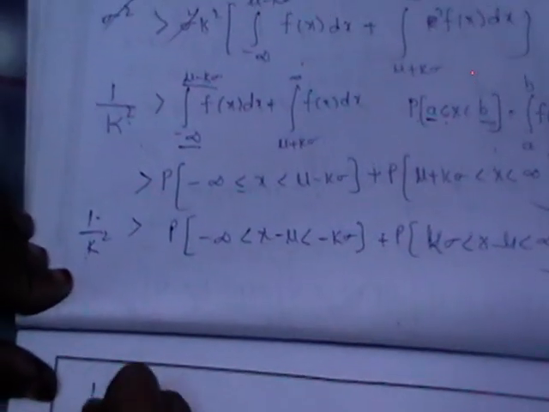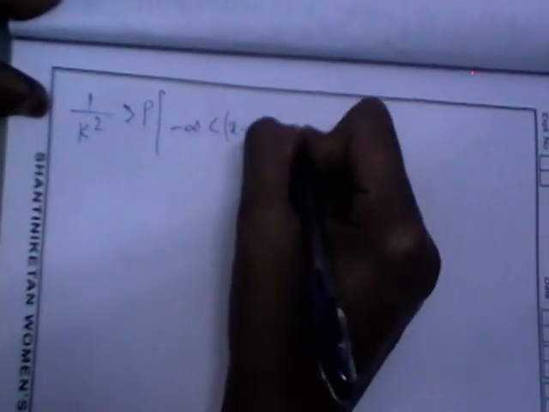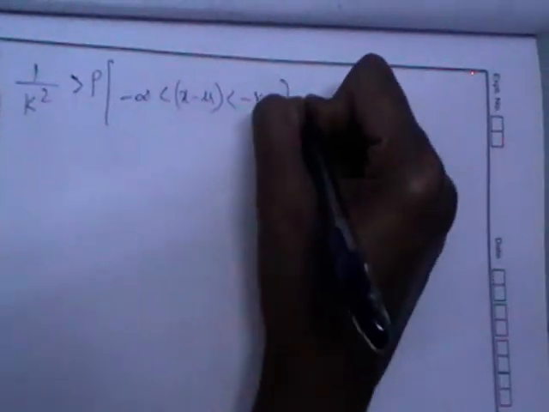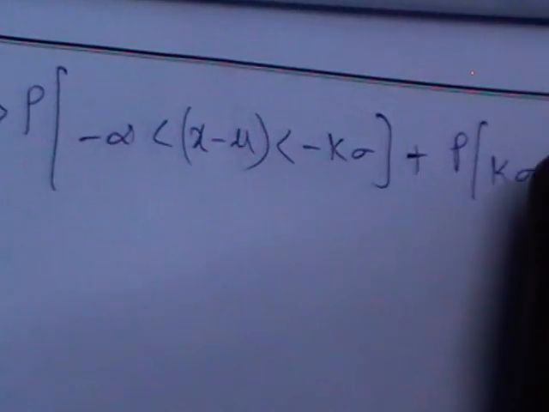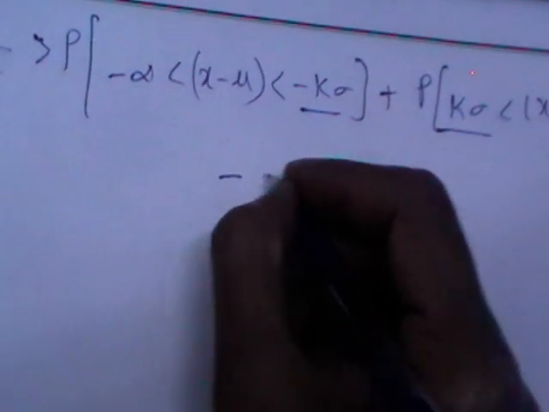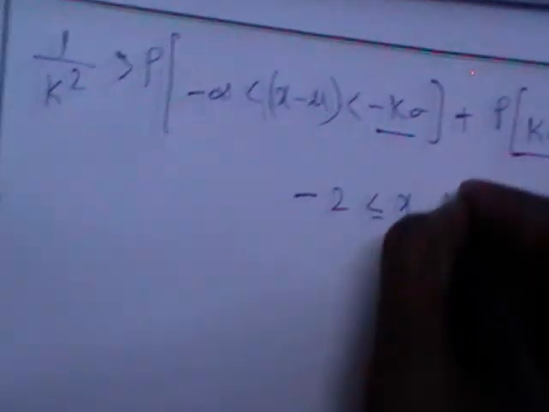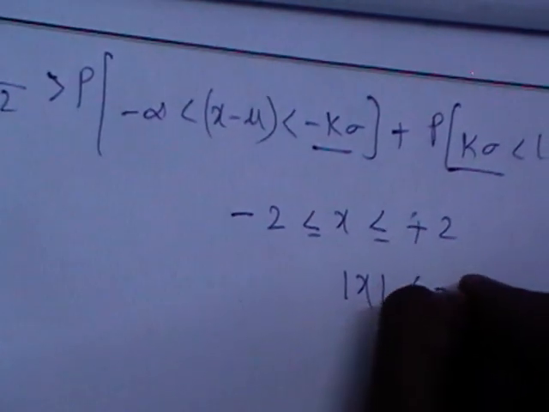So you got 1 by k square greater than P of minus infinity less than x minus mu less than minus k sigma, plus P of k sigma less than x minus mu less than infinity. If you observe here, you have minus k sigma and plus k sigma. Whenever we have values like this, we can write that as mod x greater than a.